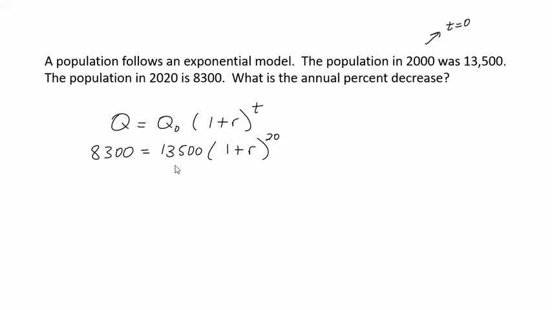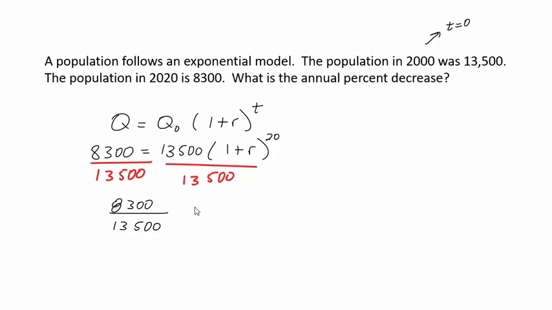So to solve this, I'm going to divide both sides by 13,500. Maybe I'll just leave this out and put it in my calculator. Depending on your calculator will determine whether you really want to punch this in all at once. Some calculators are easier to use than others.